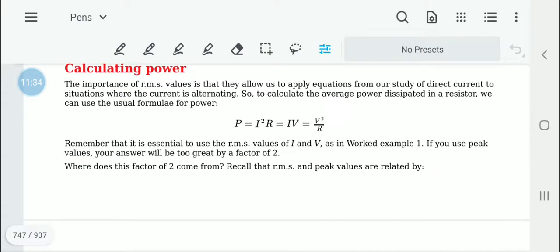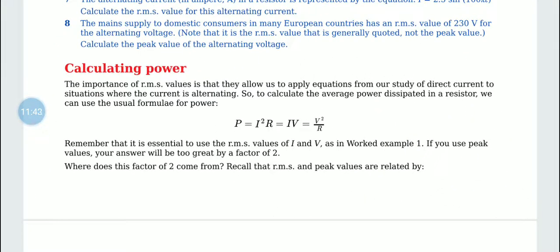We are going to discuss how to calculate power. Now, we have used the RMS values. So we can use these RMS values to apply in equations, and we relate it to direct current equations.